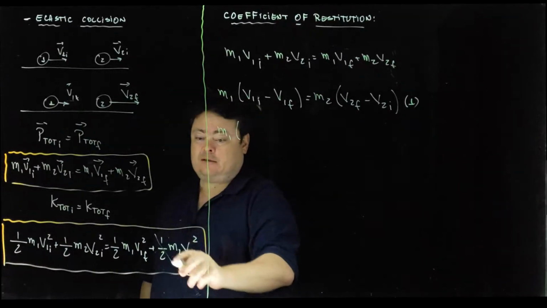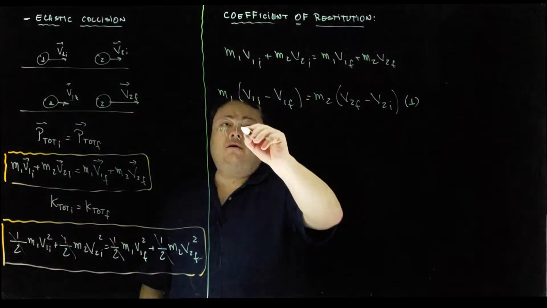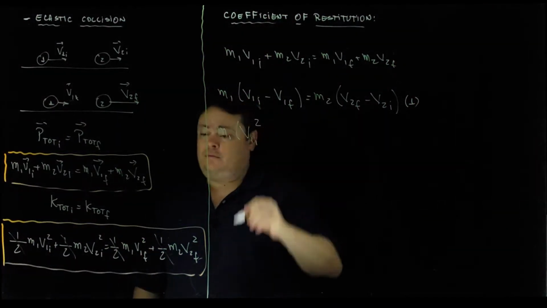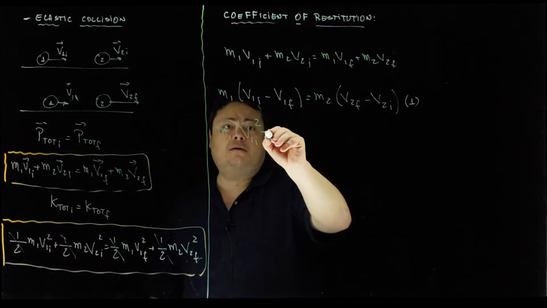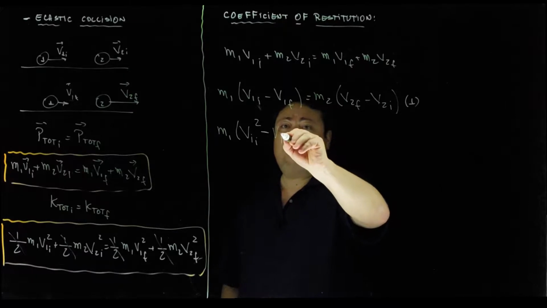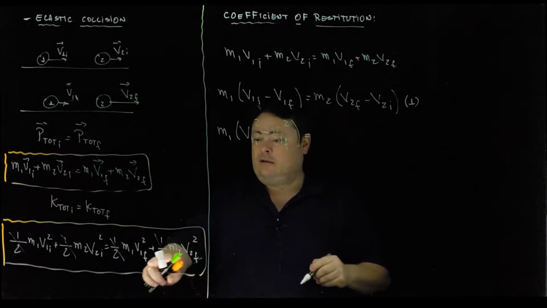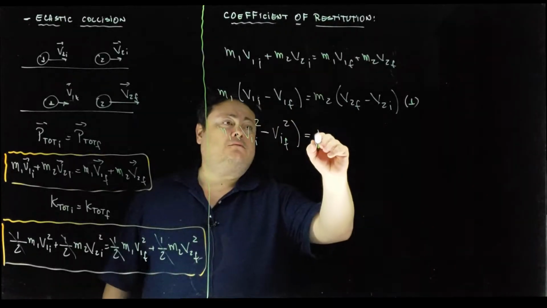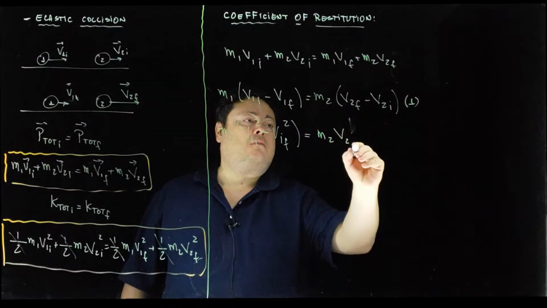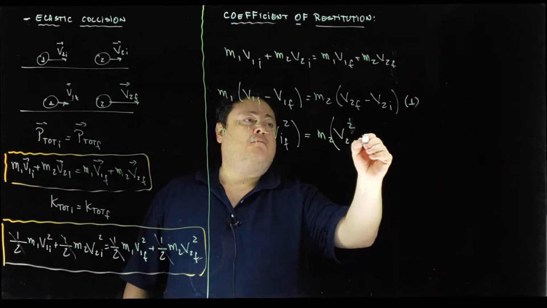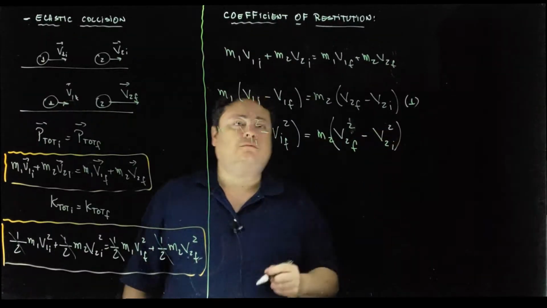I will start by simplifying the 1/2 everywhere: m1 v1 initial squared minus m1 v1 final squared equals m2 v2 final squared minus m2 v2 initial squared.